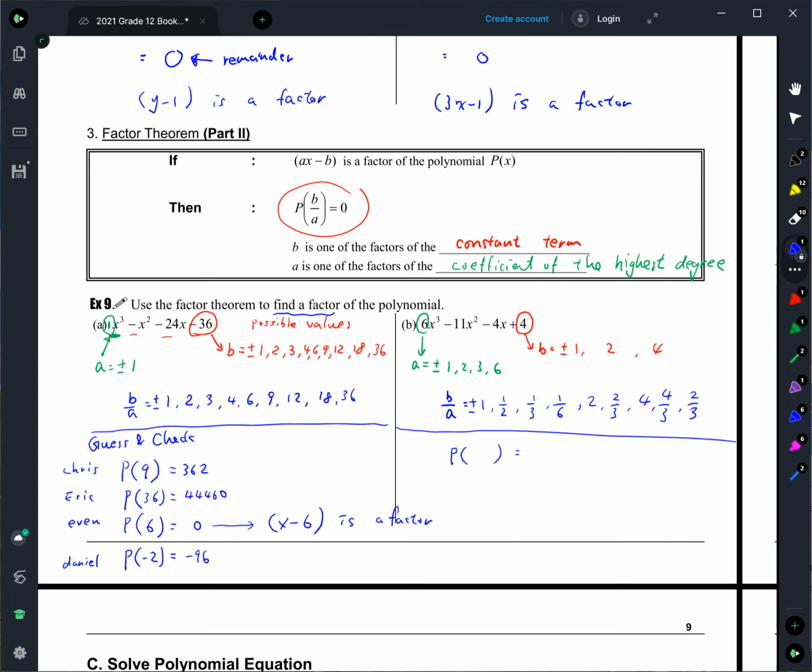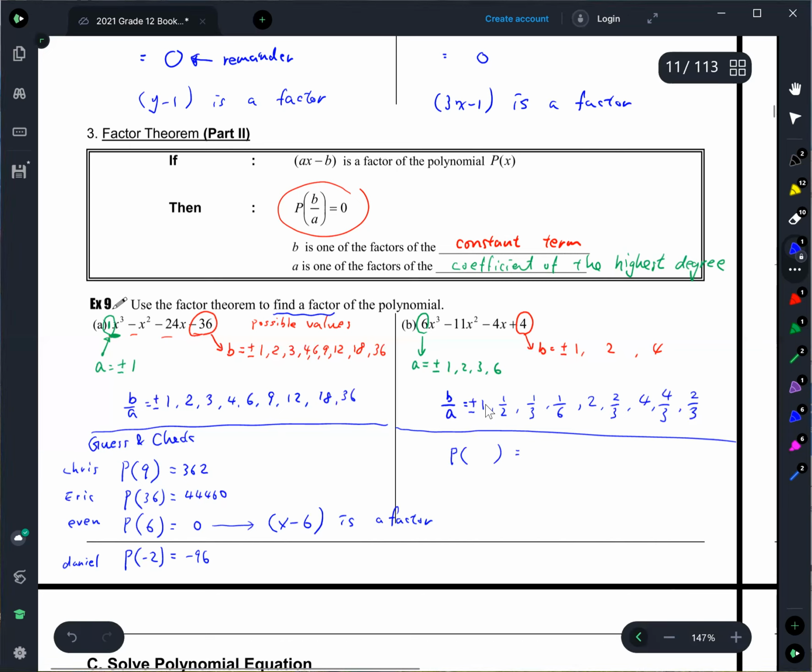So please plug it in, try your choice. You can pick either positive or negative. It could be a fraction as well. Just try until you get the one that works. We just need to find one of them. Please raise your hand if you found one.